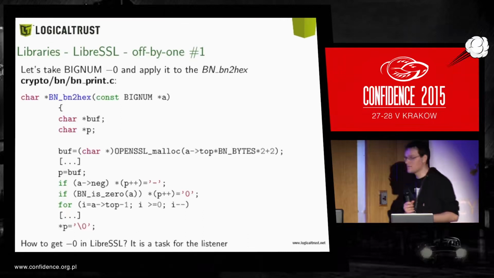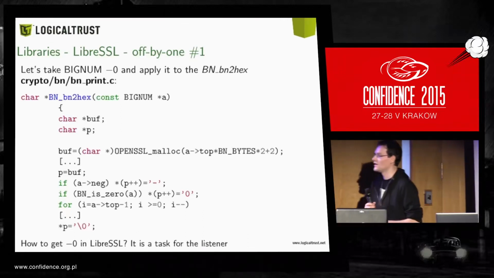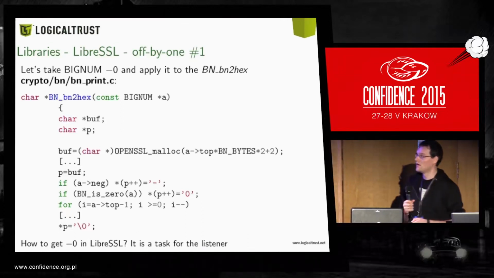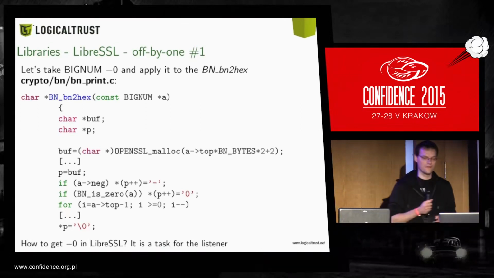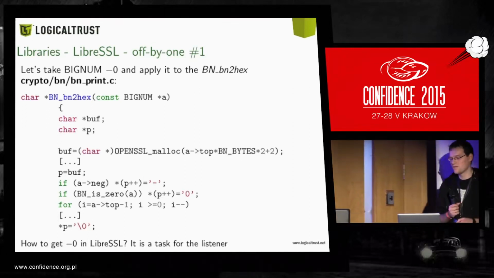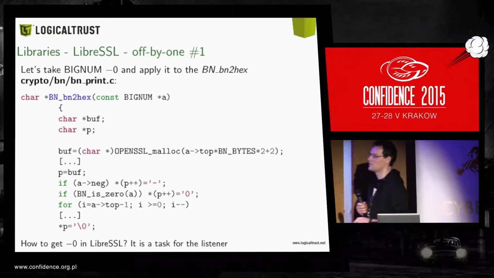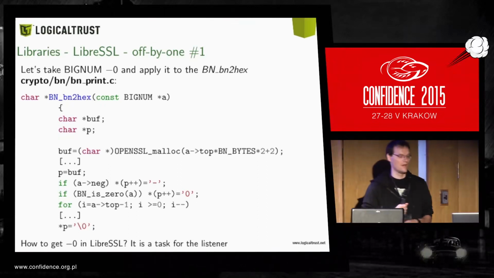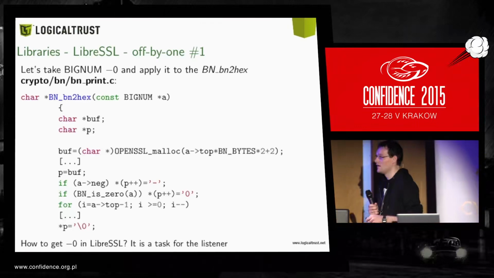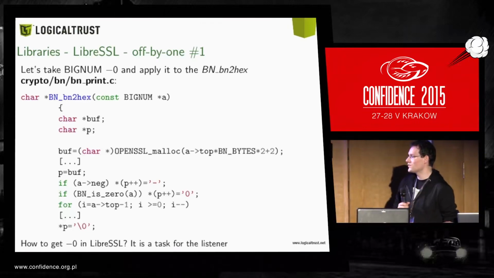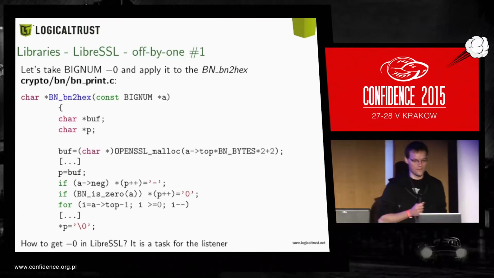So here is the first off by one in the SSL library. We can get minus 0 somehow and apply it to the function which translates the big number into the hex representation of the number. If we take a look at this code, for minus 0, it will allocate 2 bytes here as the top is 0.